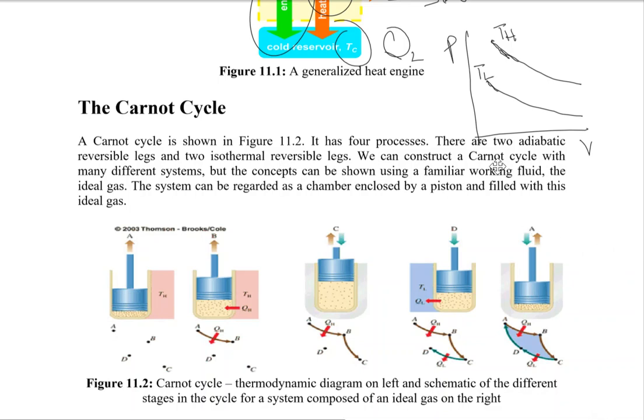Let us construct a Carnot cycle using concepts we are familiar with. Let's say in the first figure I've got a piston and cylinder arrangement, and my piston is at the top dead center.